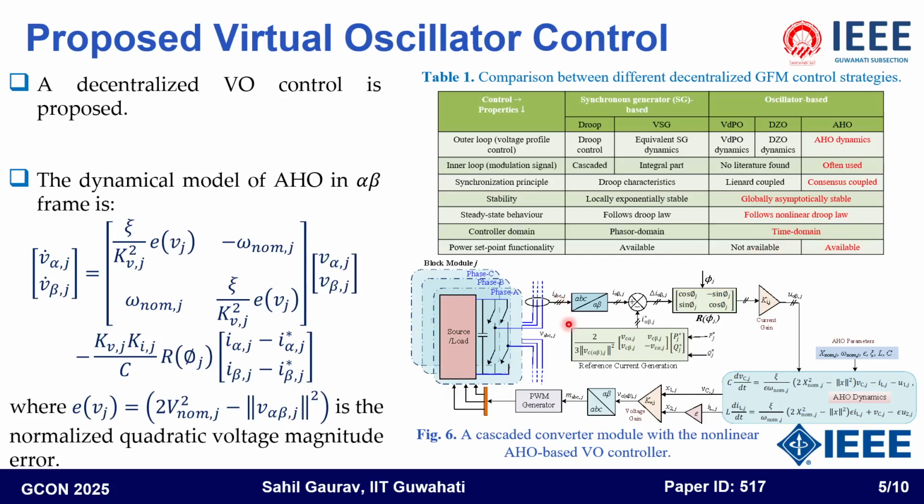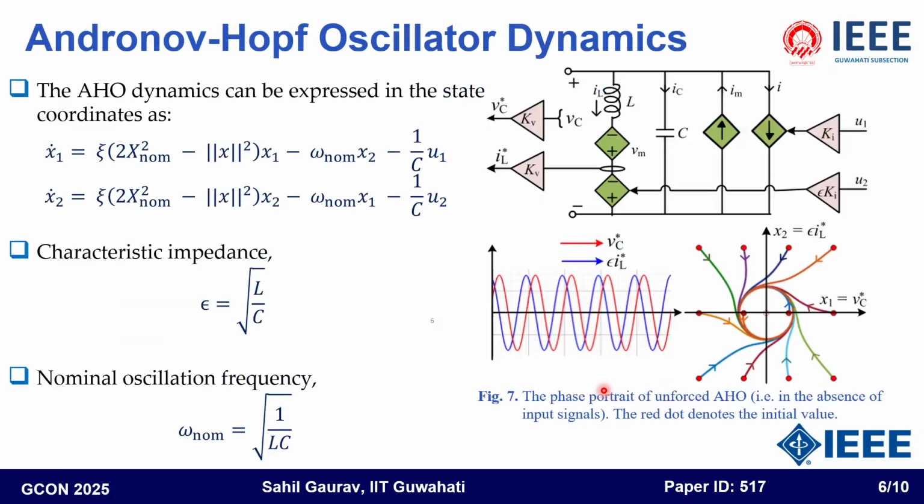Figure 6 shows the cascaded H-bridge converter module with the nonlinear AHO-based VO controller. Now coming to the AHO dynamics, you can see the AHO dynamics expressed in the form of state variables, where x1 and x2 are state variables, which are nothing but the voltage across the capacitor and the scaled inductor current.